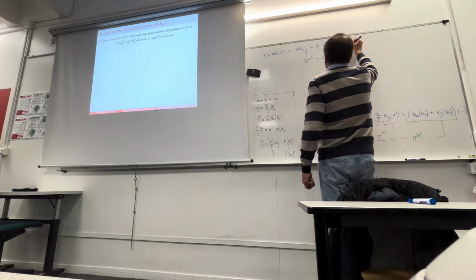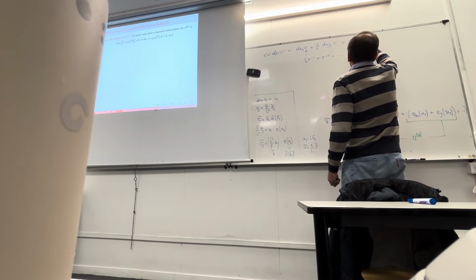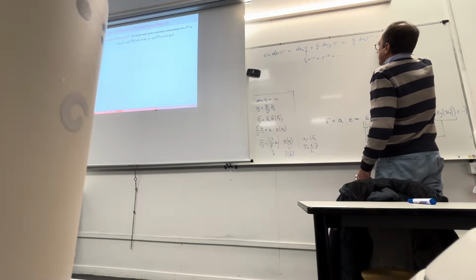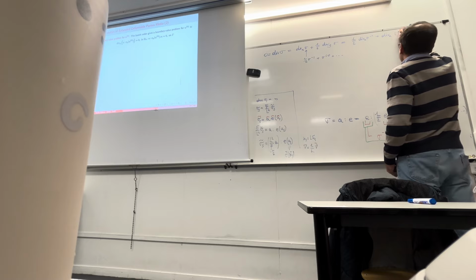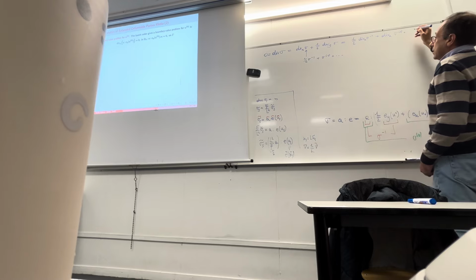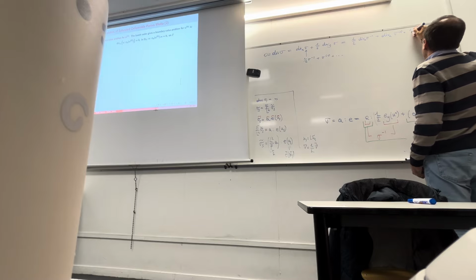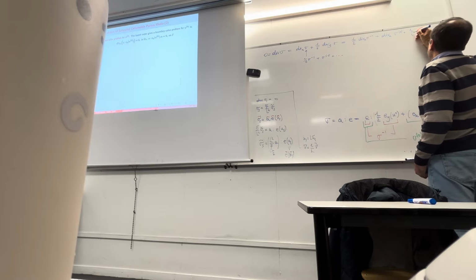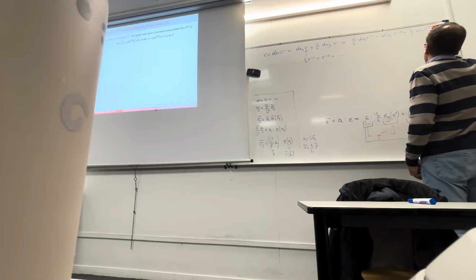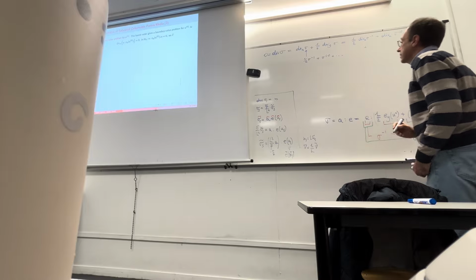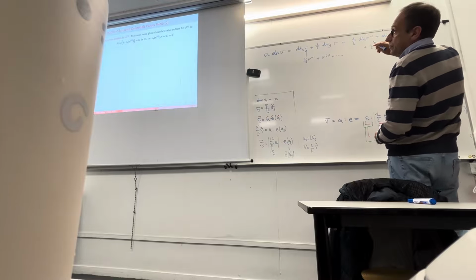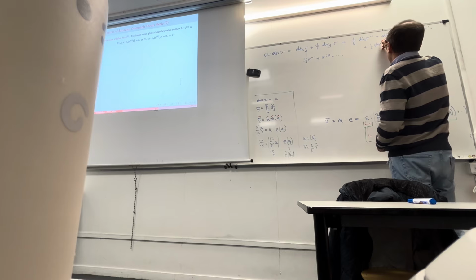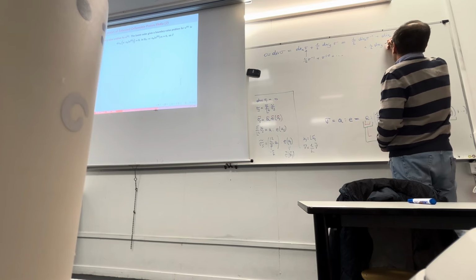And so what do we have? We have 1 by epsilon divergence x of sigma minus 1 plus divergence x of sigma naught, plus 1 by epsilon square divergence y of sigma minus 1, plus 1 by epsilon divergence y of sigma naught, plus other terms.